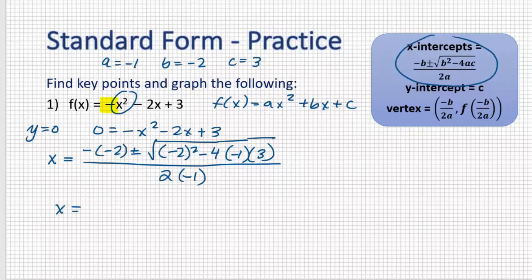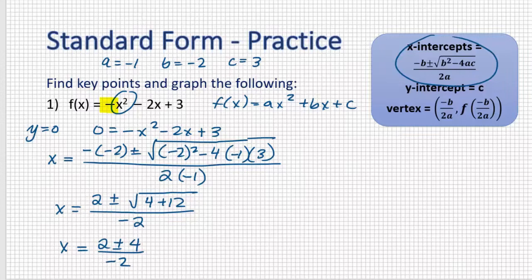So we find that x is equal to positive 2 plus or minus the square root of 4 plus 12, all divided by negative 2, or x is equal to 2 plus or minus the square root of 16, since 4 plus 12 is 16, and the square root of 16 is 4, all divided by negative 2.